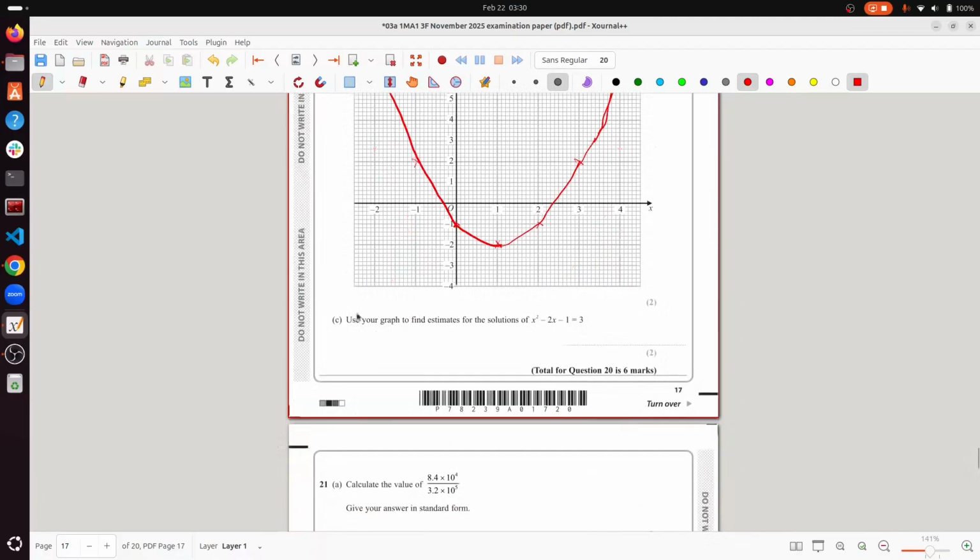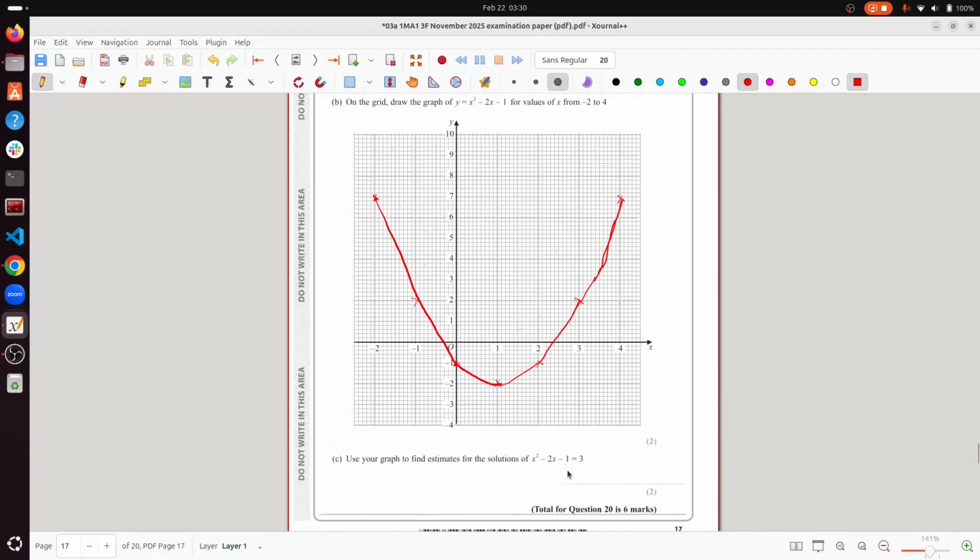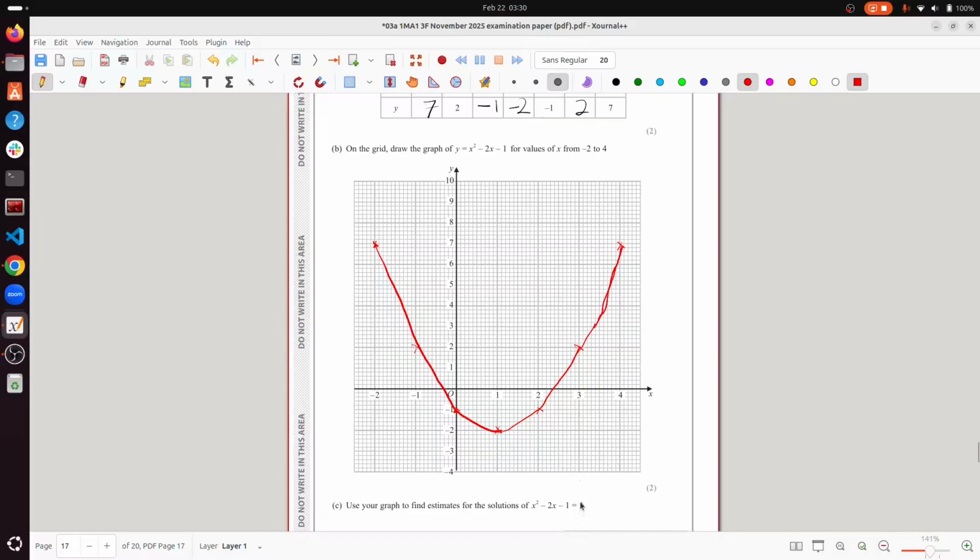Now the second part of it says use your graph. So even if your graph is wrong or right, use your graph. Use your graph to find estimates for the solutions of x squared minus 2x minus 1 is equal to 3. Remember, the graph we have is x squared minus 2x minus 1 when y is equal to that.